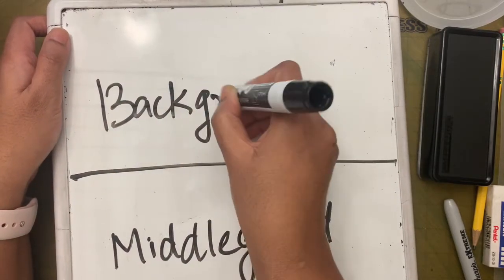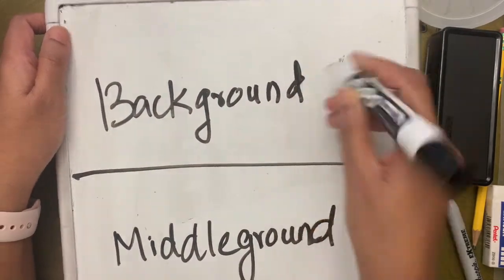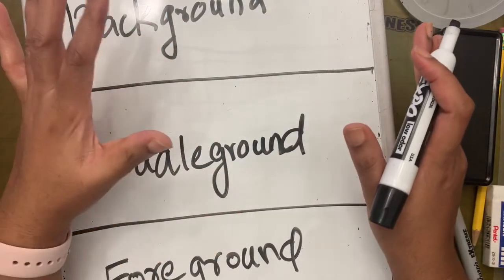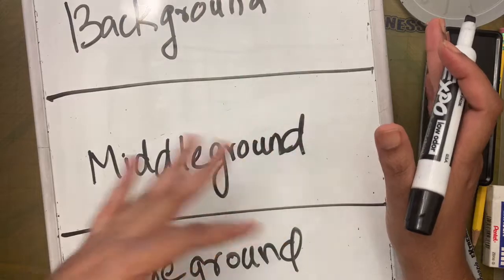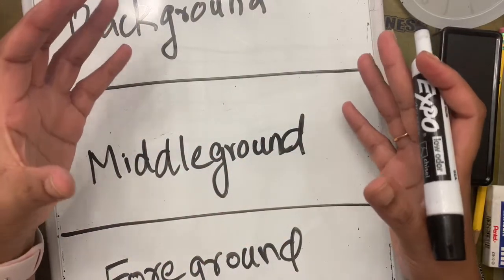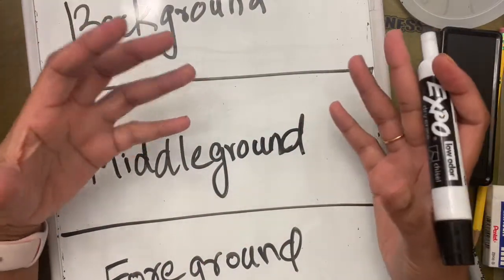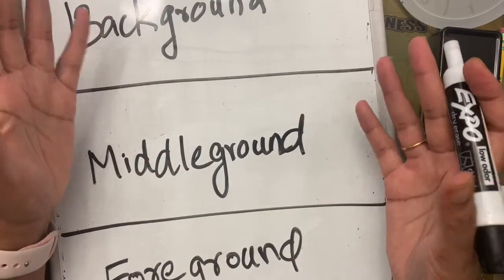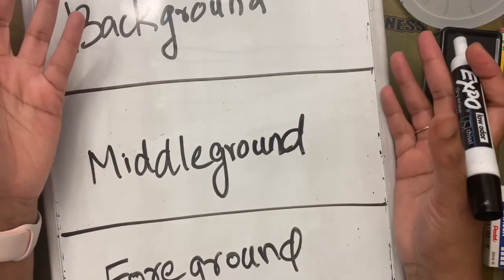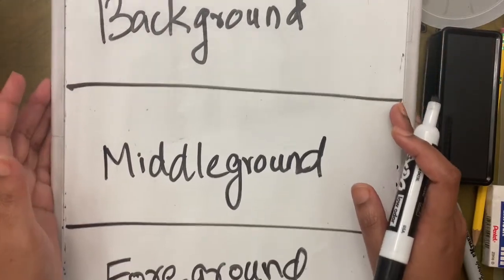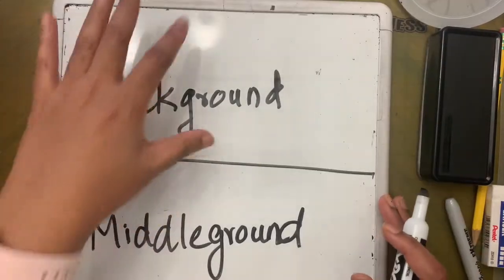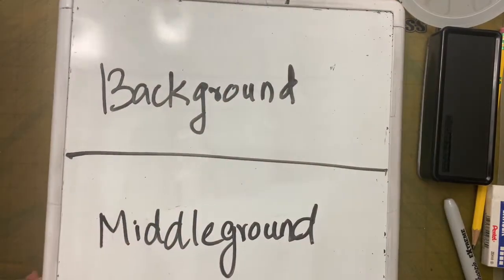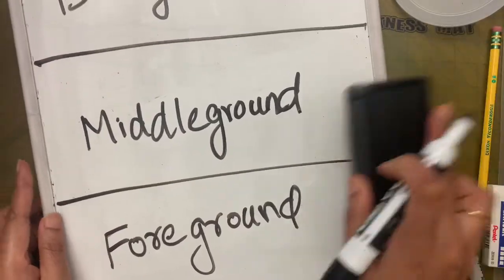Usually when we are drawing, not showing perspective or things like that, we call everything behind the main subject the background. If you're drawing yourself, anything behind you would be called a background. But when we are drawing a landscape, this is the background. Background is way back. Hope you guys remember that.